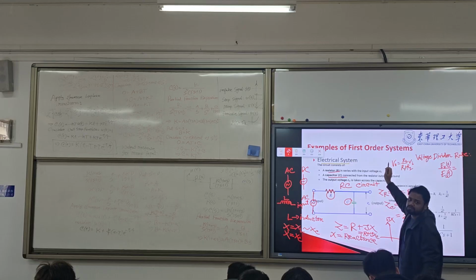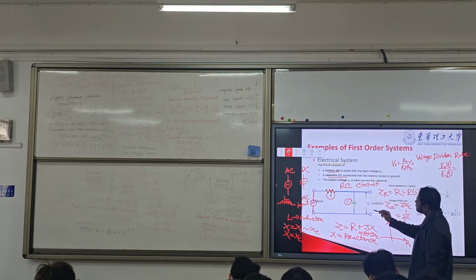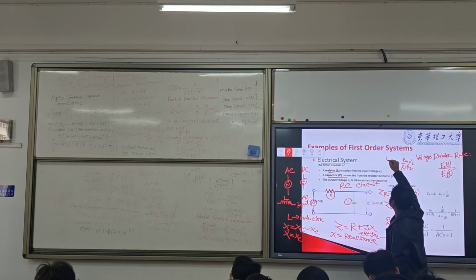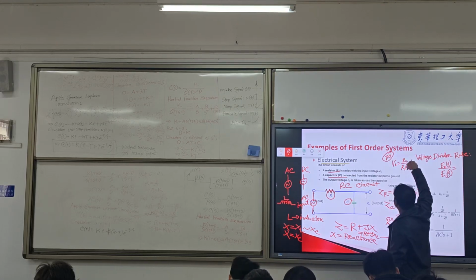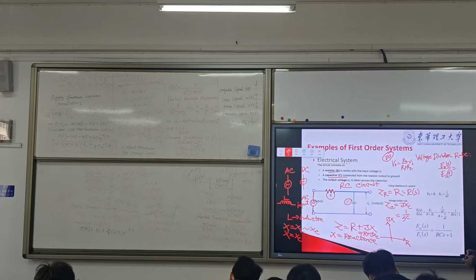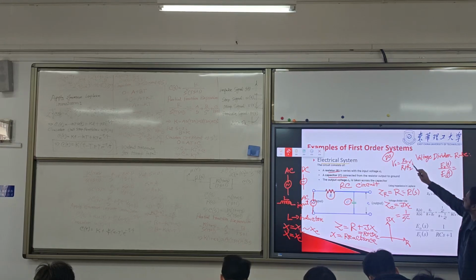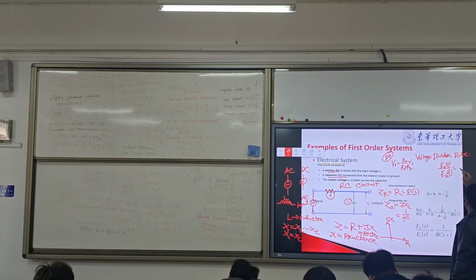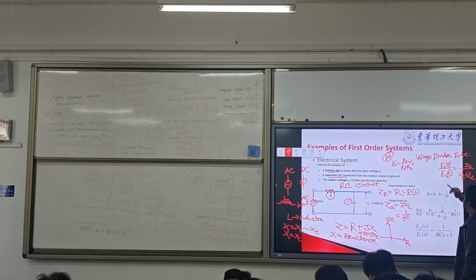This is the voltage divider rule. So here you apply that. This is for DC, that's why it is R. R2 is C, so ZC divided by ZR plus ZC into Ei.